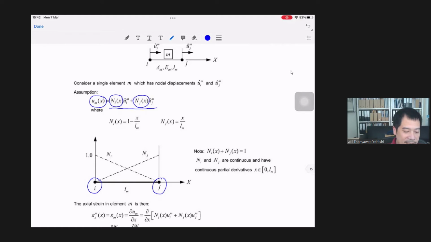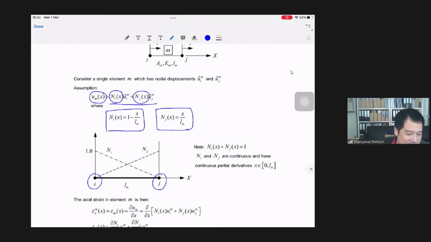Now, in this case, Ni is expressed by using this equation and Nj is expressed by using this equation right here. If you look at these two expressions for Ni and Nj, you would see certain characteristics for these displacement interpolation functions. What are the properties that you can observe?